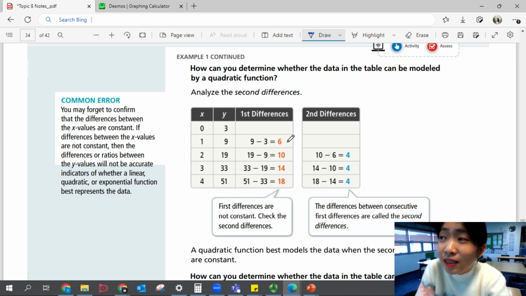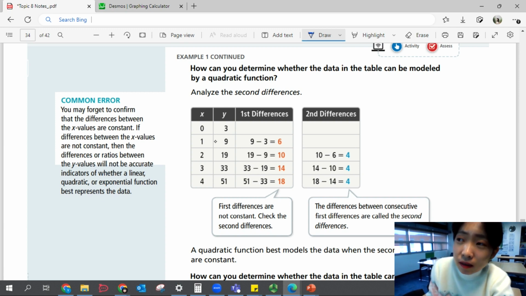So 10 minus 6 equals 4. 14 minus 10 equals 4. 18 minus 14 equals 4. So is that okay? The differences of the differences are equal. So this is when the second differences are constant, and that's when we say a quadratic function may best fit the data. Okay?